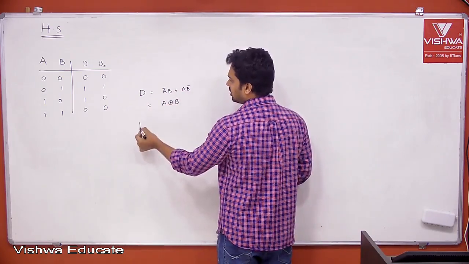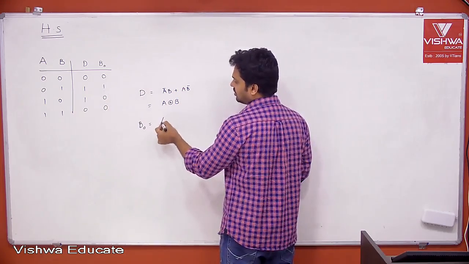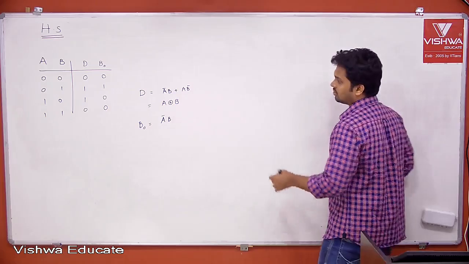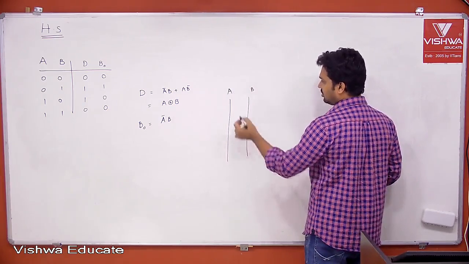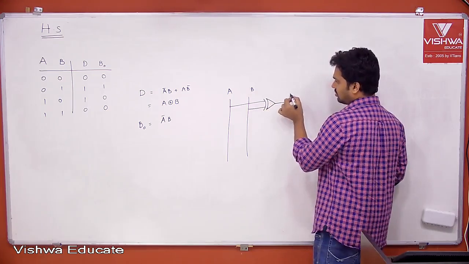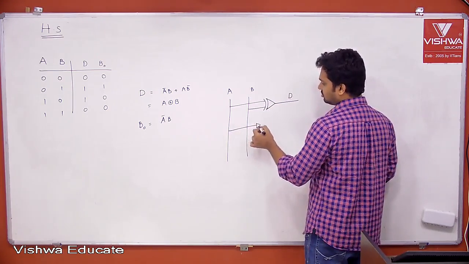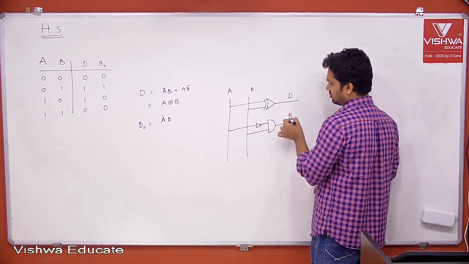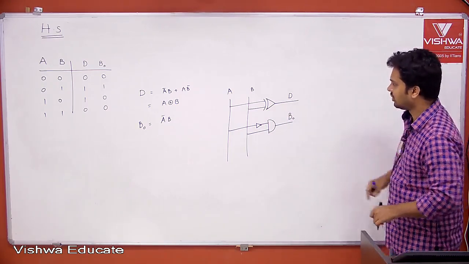What about borrow? 0, 1 means A bar into B. So A XOR B is the difference, and A bar B is the borrow. That is about your difference and borrow.